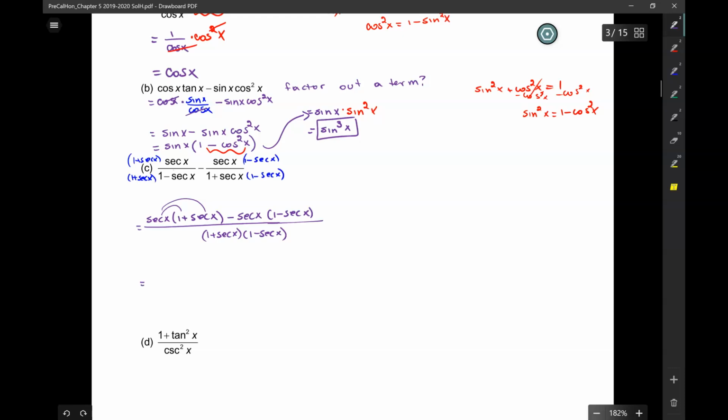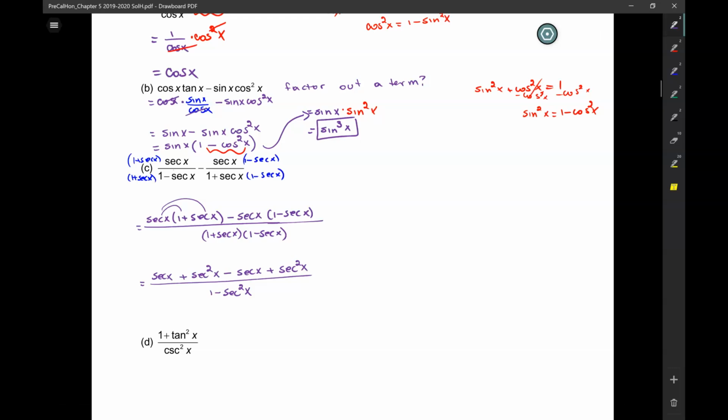So I get secant x plus secant squared x minus secant x plus secant squared x, over 1 plus secant, 1 minus secant, that's a plus b, a minus b, which is 1 minus secant squared x.